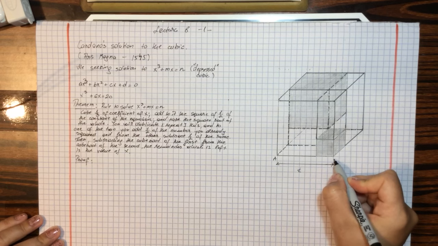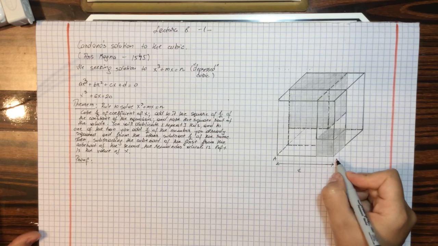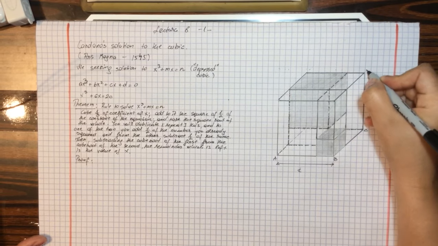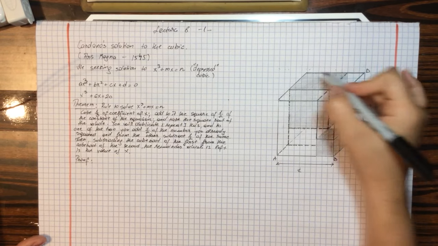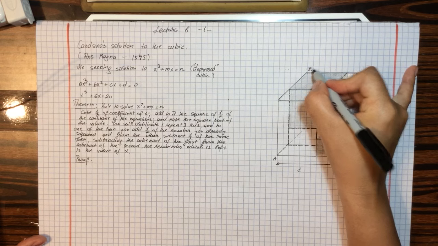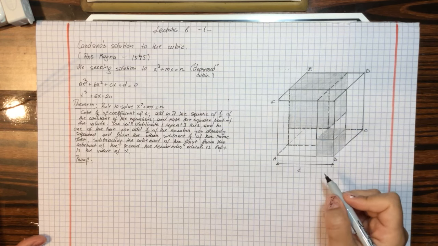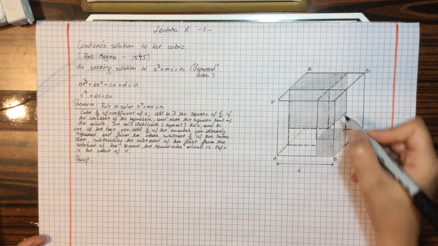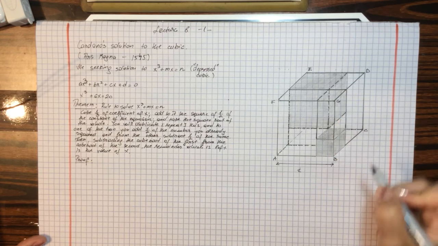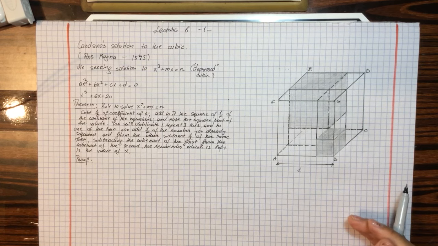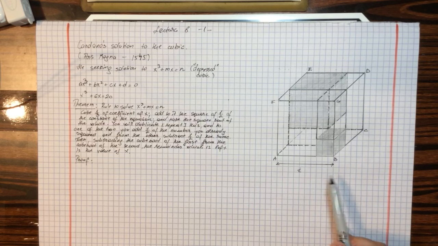So let me just name some points. Let this be vertex A, B, C, D, E, F. Let me call this G. Alright, so he starts with a cube whose sides are of some length t.